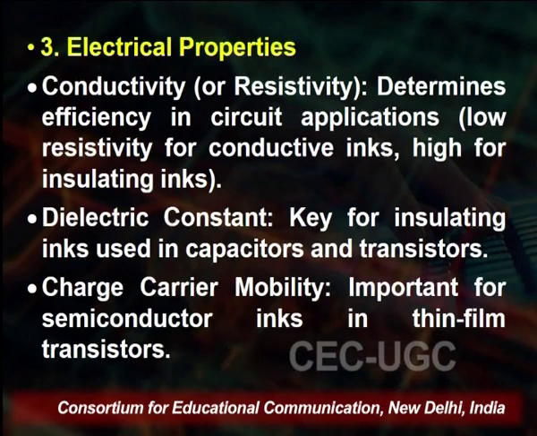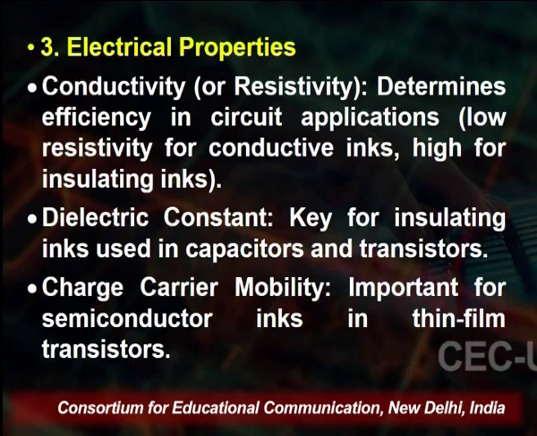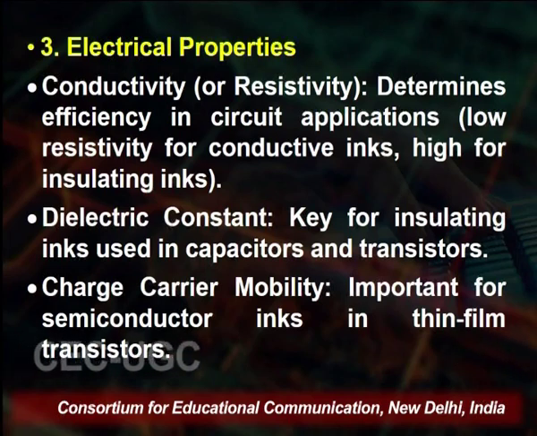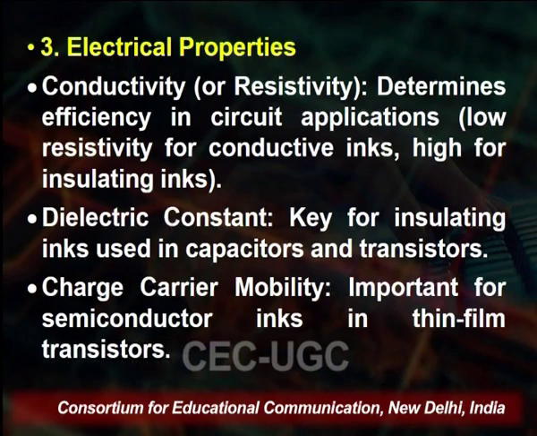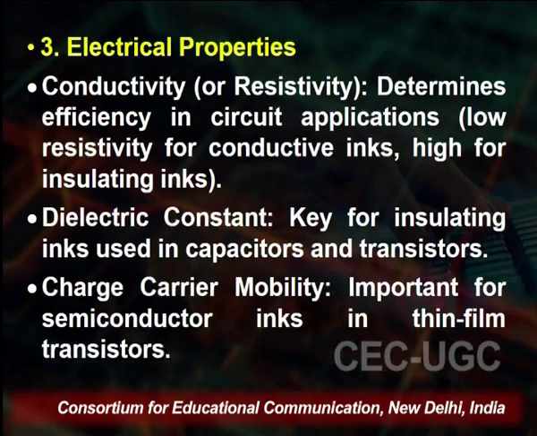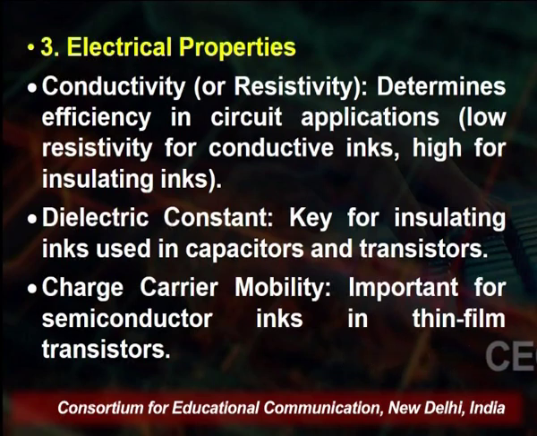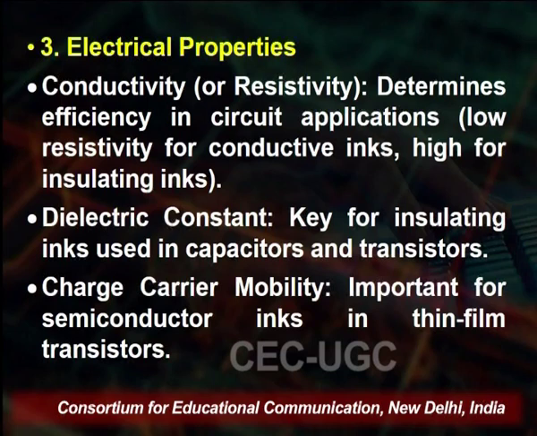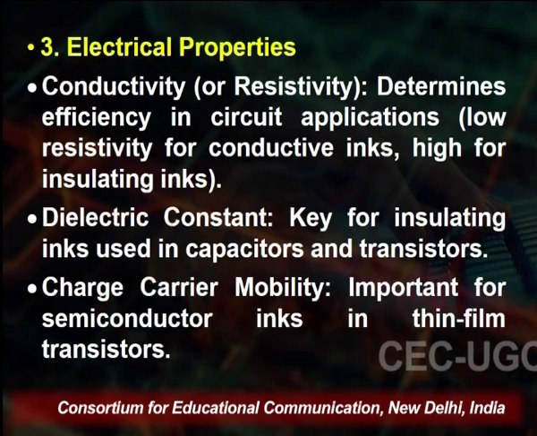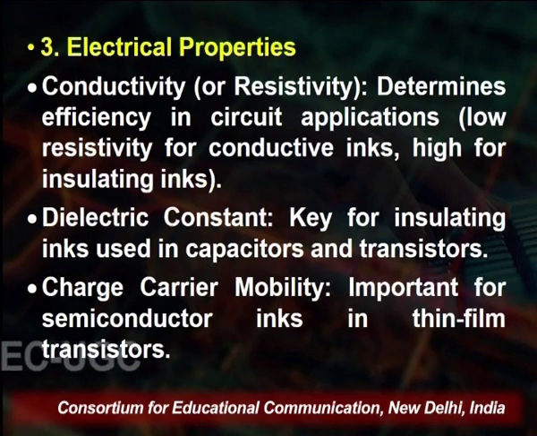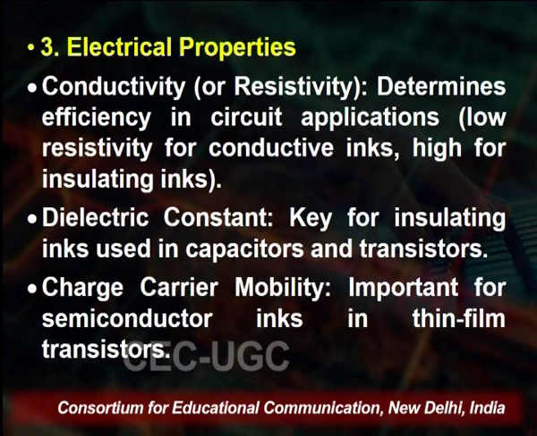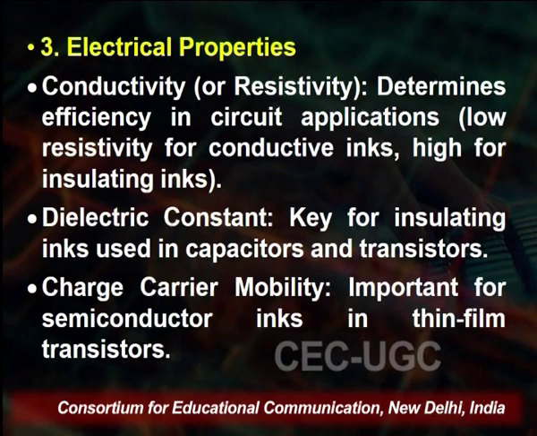As we are preparing electronic devices, the electrical properties are the most important whenever we prepare the electronic devices. In which we take the conductivity or the resistivity, which determines the efficiency in the circuit application. It means we want low resistivity for the conductive ink, and high resistivity for the insulating ink.